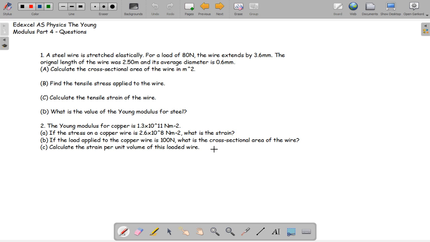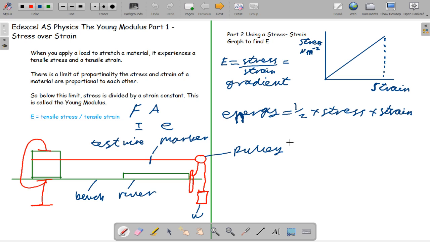So another one now where you use the formula I showed you before: F over A over e over initial length, or force times initial length all over the extension times the cross-sectional area. Either one of the two will get you the modulus.